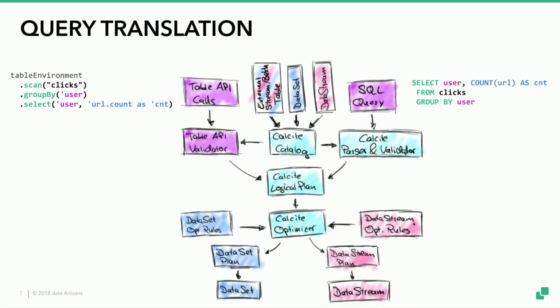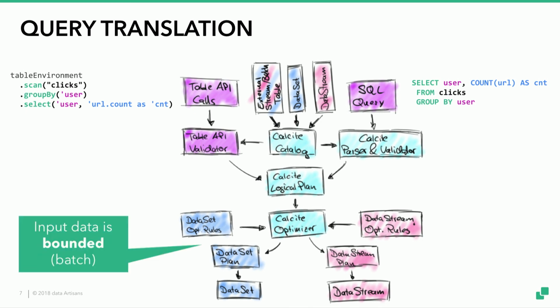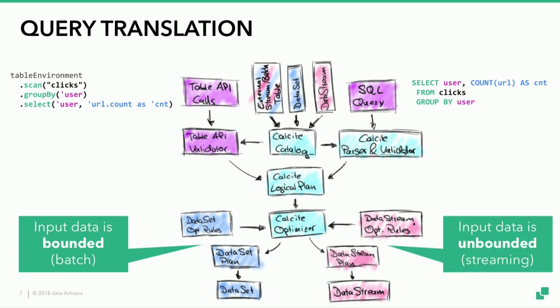Of course, you can also ingest your custom external catalog and other data sources. We are using Calcite for optimization and included custom rules that are then compiled down either into Flink's DataSet API for batch processing or into the DataStream API for stream processing.